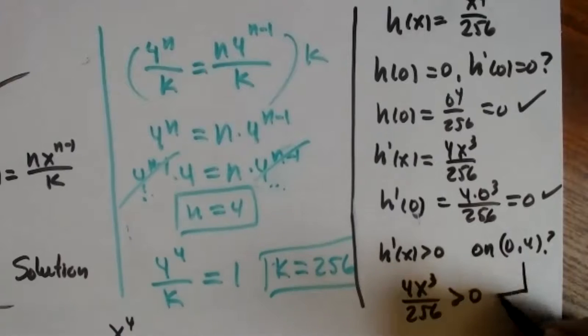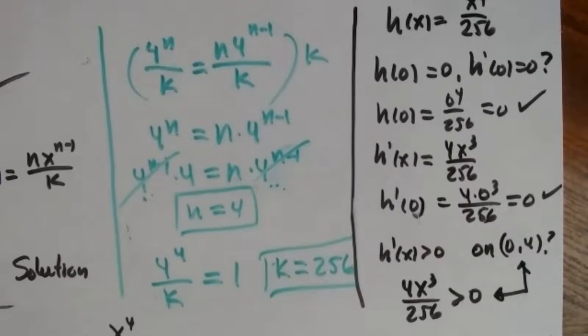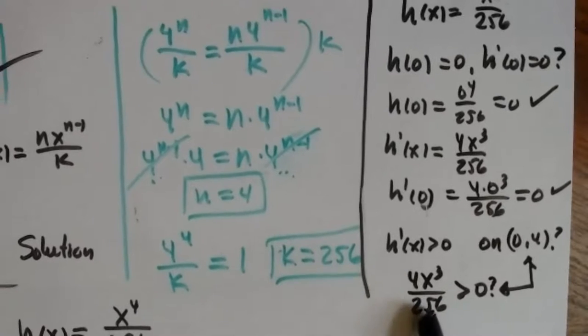Areli, is that expression positive for any value between 0 and 4? Check it well. If you put a 1, what do you get, a positive or a negative? Positive. If you put a 2, positive. If you put a 3, positive.